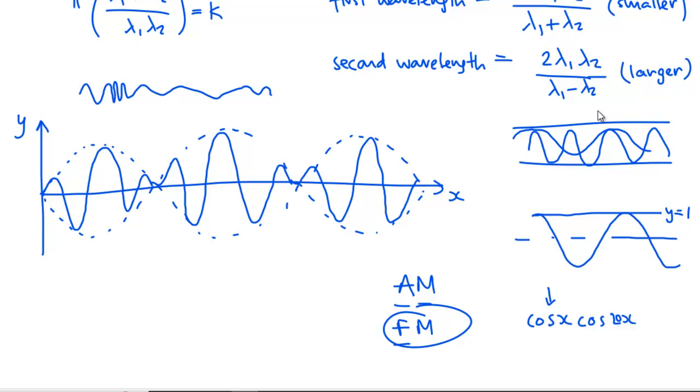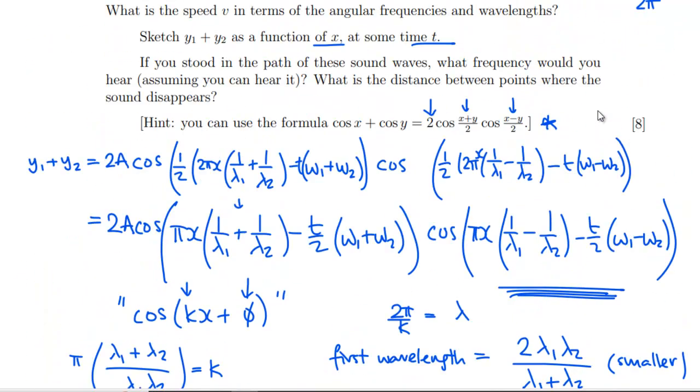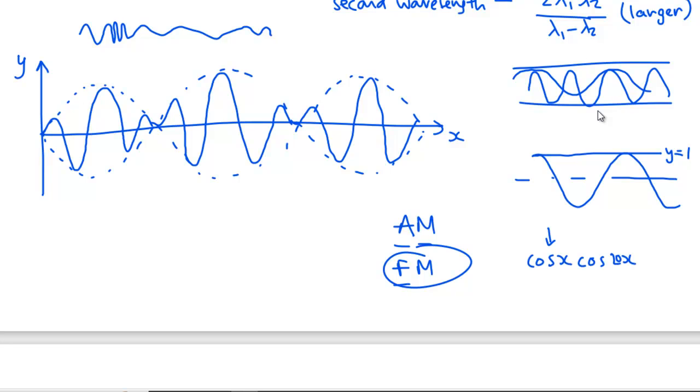It's very, very tough. So what else were they asking? If you stood in the path of these waves, what frequency would you hear, and what distance between points where the sound disappears? Well, the frequency that you're going to hear is the frequency associated with the shorter wavelength, because that's the thing which is changing here.